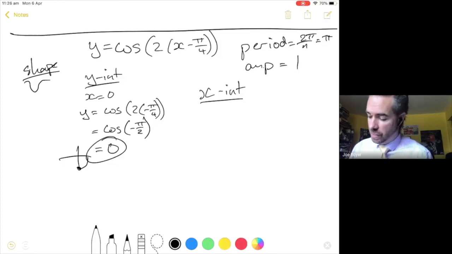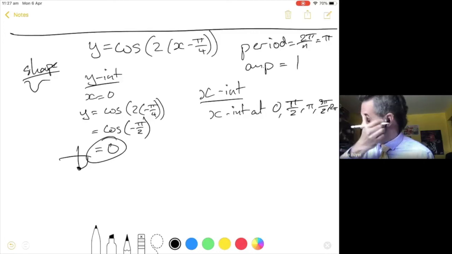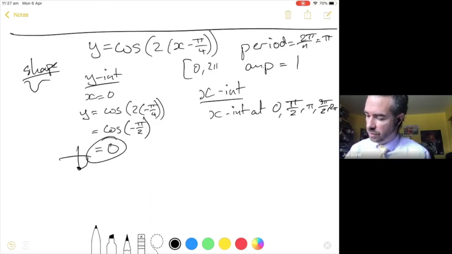Since we have a y-intercept at 0, by definition we have an x-intercept at 0, and remember, we've got an x-intercept every period on 2 after that. So we're also going to have it at pi on 2, at pi, at 3 pi on 2 and at 2 pi. Sorry, I didn't put in my domain here, but we are sketching it over 0 to 2 pi.